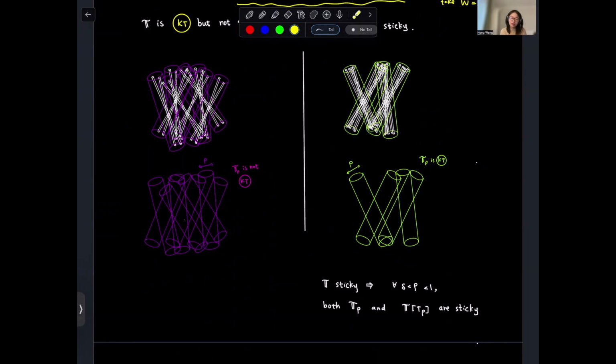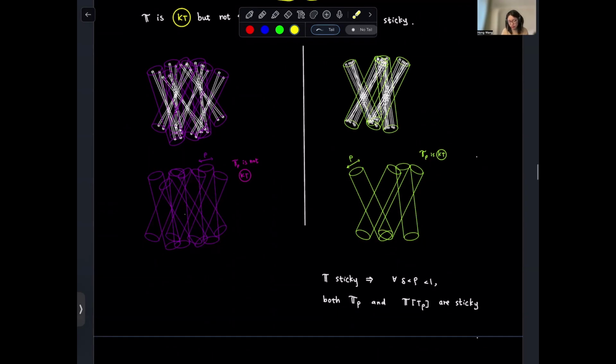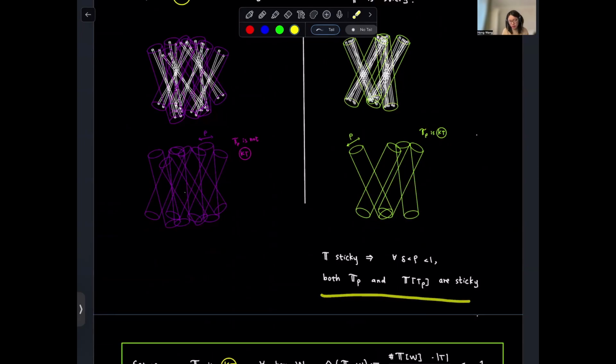Previously, we said that one of the difficulties to study the Kakeya set problem is that the Kakeya assumption does not work well under a restriction to a smaller box or thickening. But here, the sticky assumption works extremely well on the thickening and restricting to a fat tube. And so it illustrates the advantage of studying only the sticky sets as the first step.